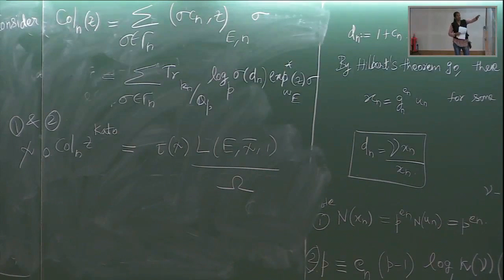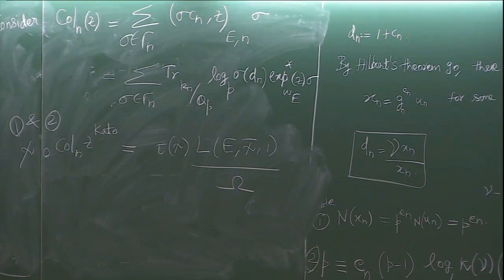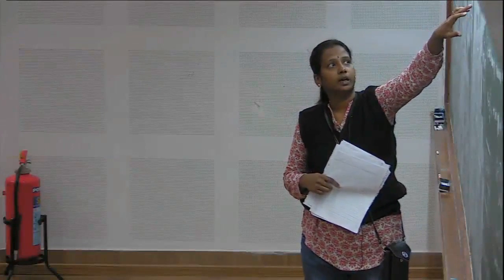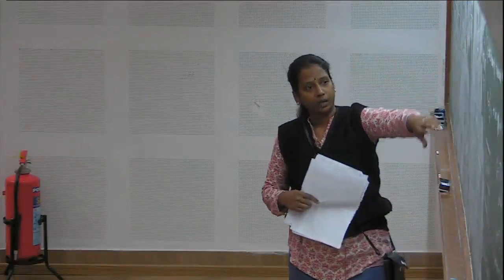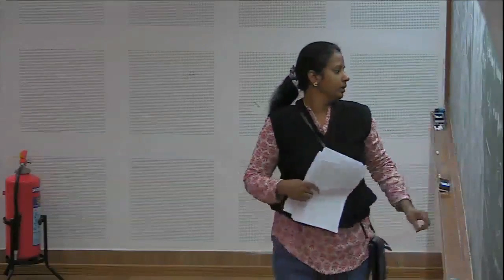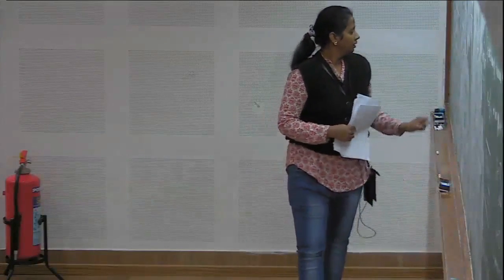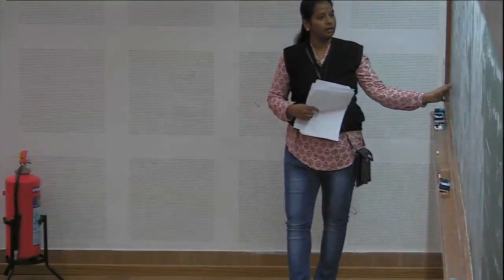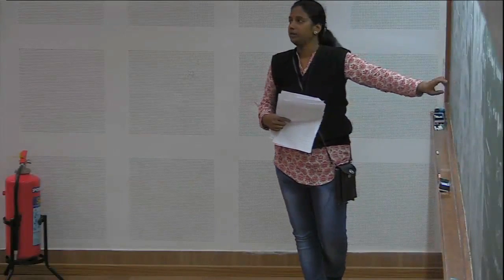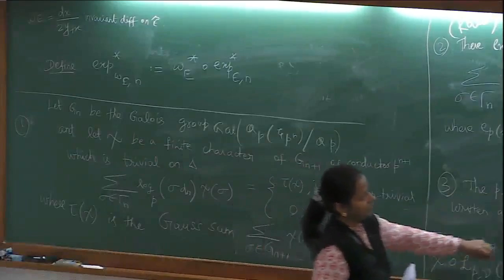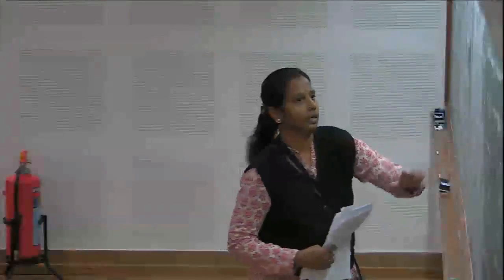So when you take z as z_Kato, you have the right hand side, the algebraic part, and that comes here when you evaluate. When chi is non-trivial, you get the Gauss sum that appears here.